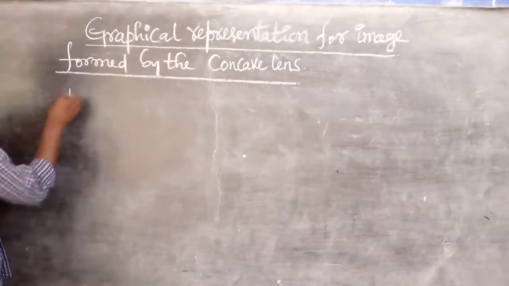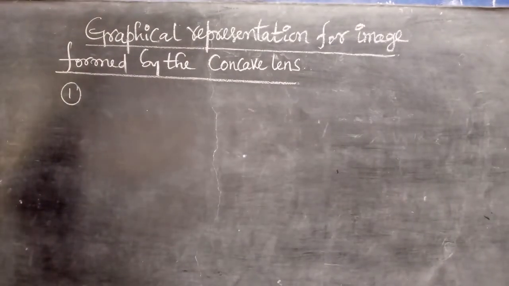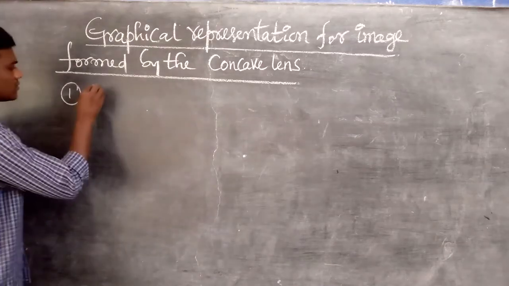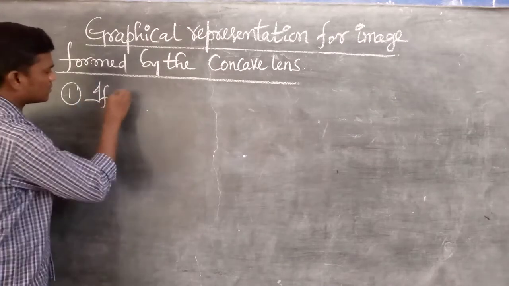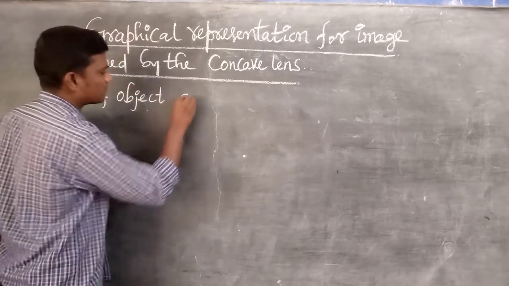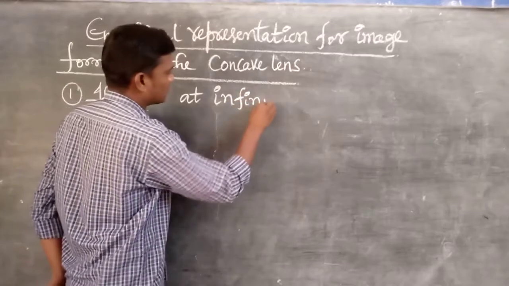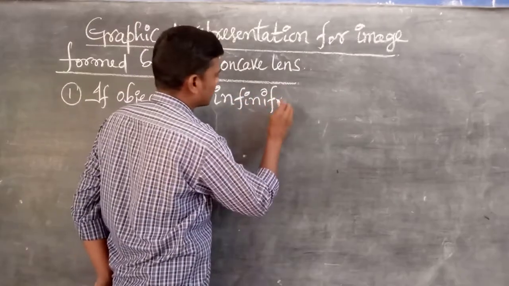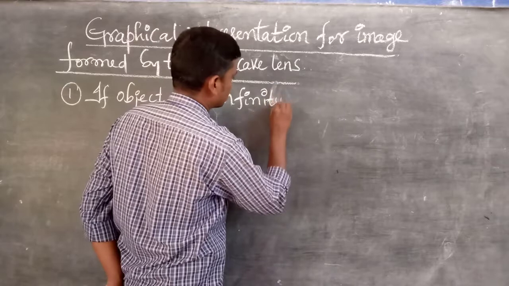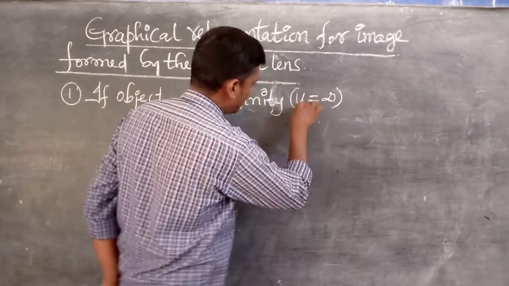The first one under this: if object is placed at infinity, U is equal to infinity simply.